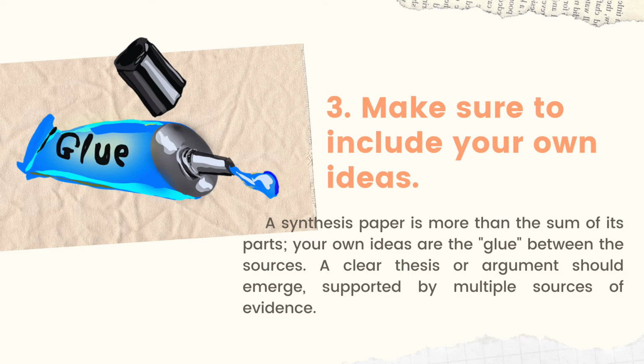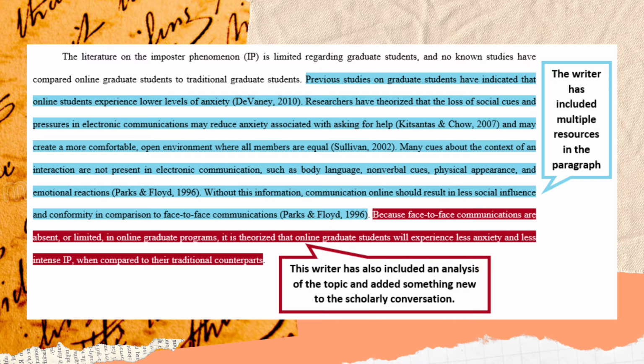A clear synthesis or argument should emerge supported by multiple sources of evidence. For example, as you can see here, the writer has included multiple resources in the paragraph, and also the writer has included an analysis of the topic and added something to the scholarly conversation.